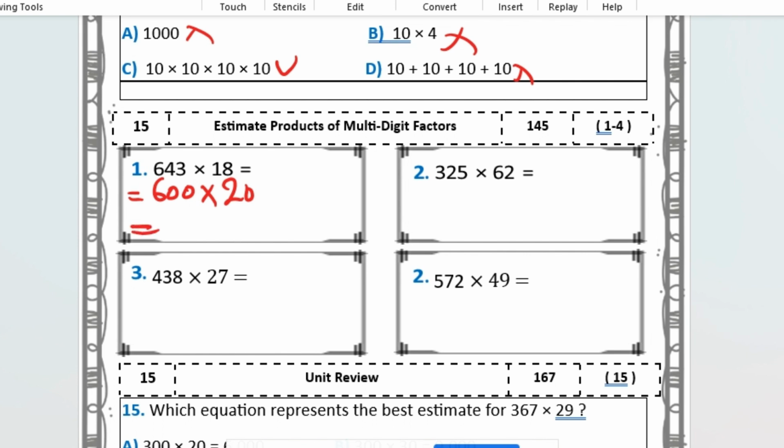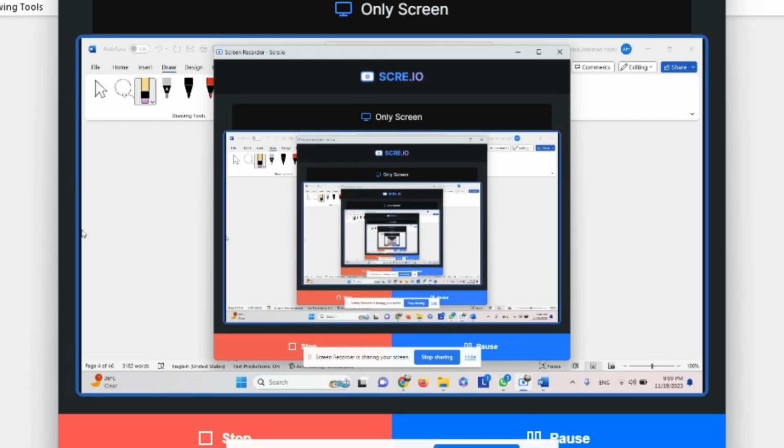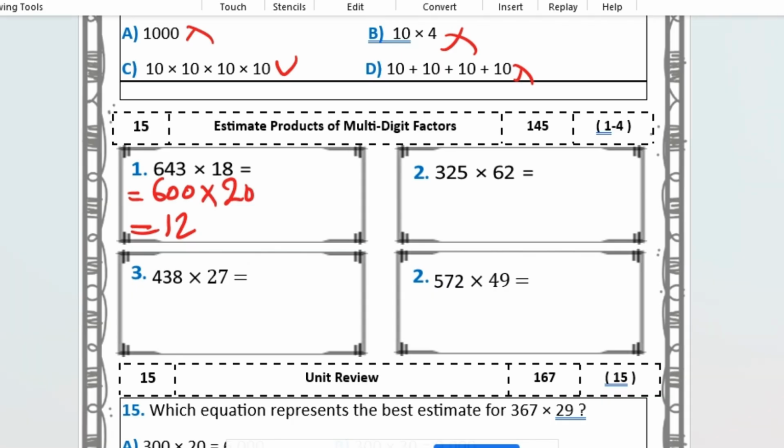This equals 12,000. Okay, we said 600 times 20, which is equal to 12,000.